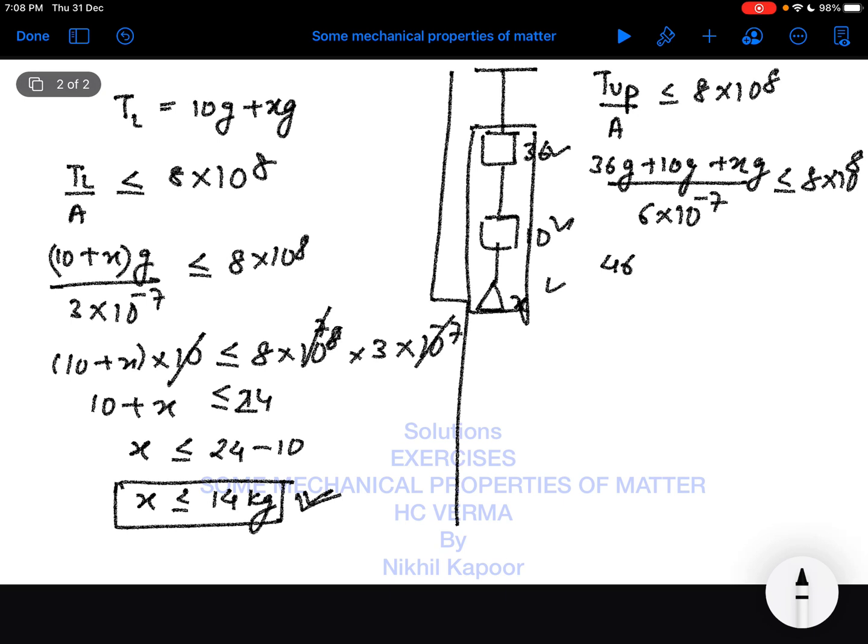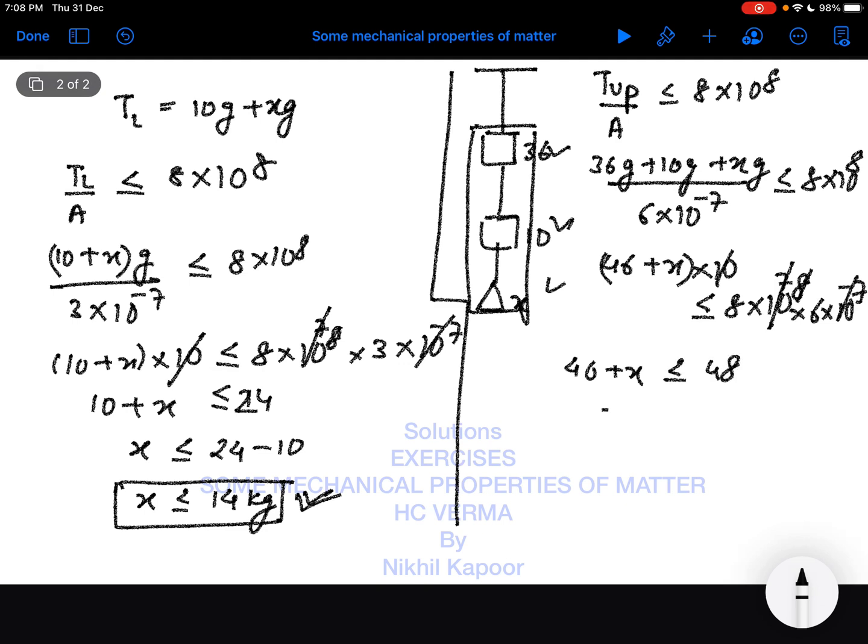So it would be (46 plus X) into g as 10, which must be less than or equal to 8 into 10 to the power 8 into 6 into 10 to the power minus 7. The powers of 10 get cancelled. So 46 plus X should be less than or equal to 8 times 6, which is 48. So X should be less than or equal to 2 kg.